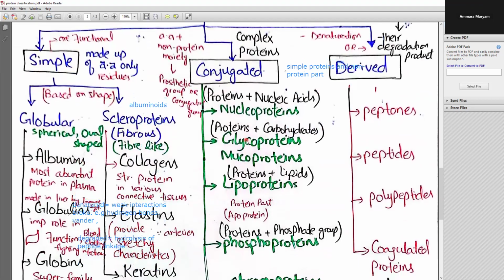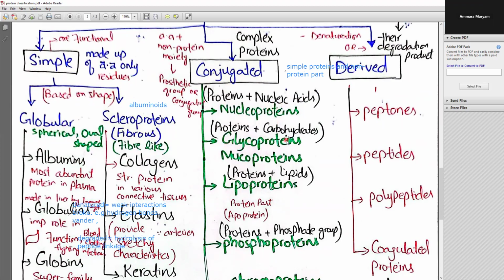So next are the conjugated proteins. Again we have different subclasses. Conjugated proteins are made up of simple proteins plus some non-protein part, which we call a prosthetic group or a conjugating group. When proteins and nucleic acids are joined, they form nucleoproteins.